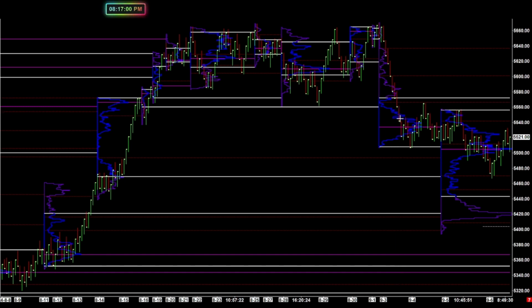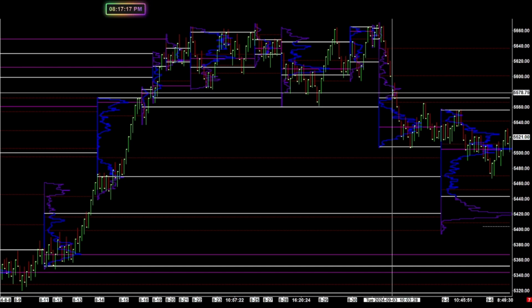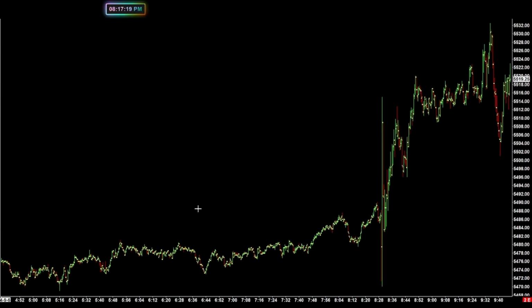And here it is, one of these 2 bars. We'll pull up the 30-second chart. Actually, I closed out 2 contracts here. So let me go and do that on the 30-second. It'll just make more sense.